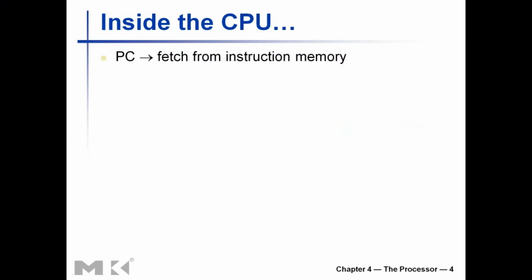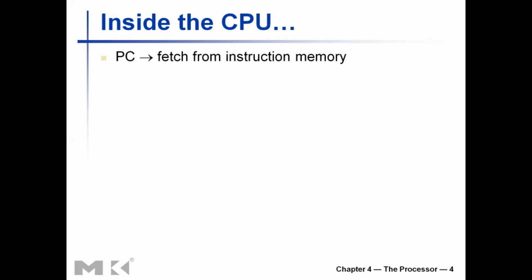The entire functionality of the CPU can be divided into a few different steps. The first thing the CPU does is fetch an instruction from memory. In order to execute an instruction, you need to get it into the CPU. Your program, your sequence of instructions, is in memory, like we saw in the previous whiteboard diagram.